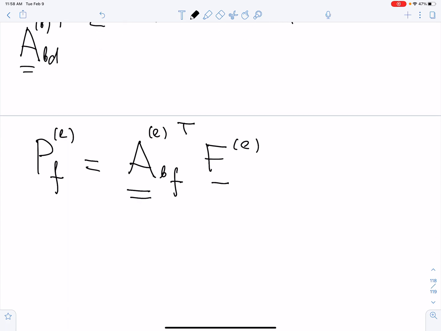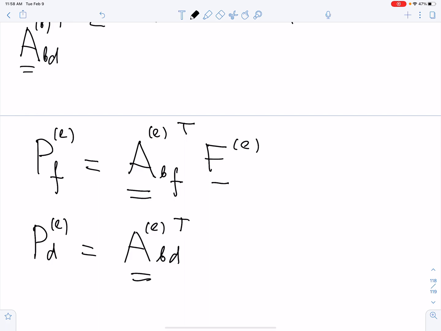And the same equation holds for D: A_BD transpose times F sub E. Good.